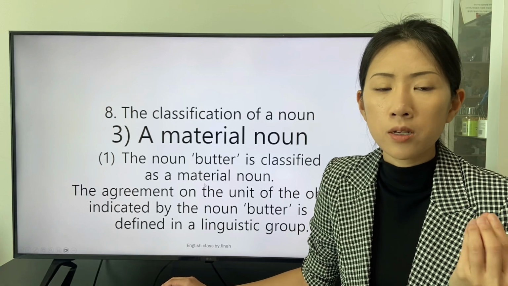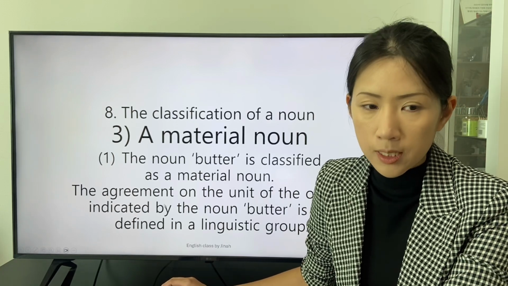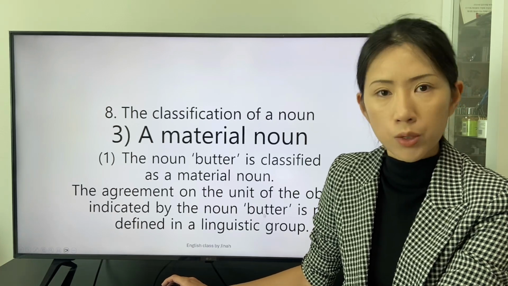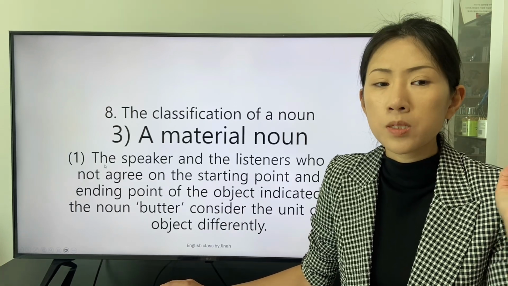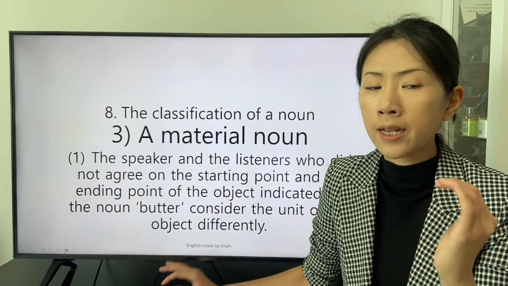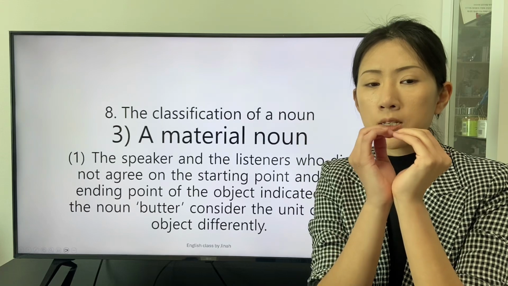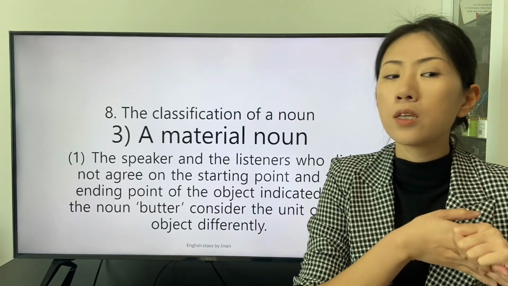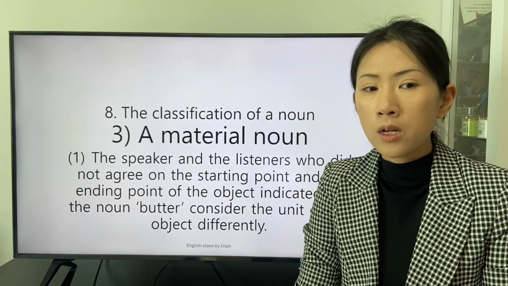The agreement on the unit of the object indicated by the noun butter is not defined in a linguistic group, because the speaker and the listeners, who did not agree on the starting point and the ending point of the object indicated by the noun butter, consider the unit of the object differently.